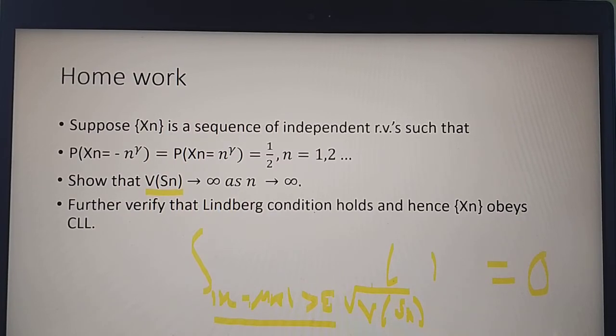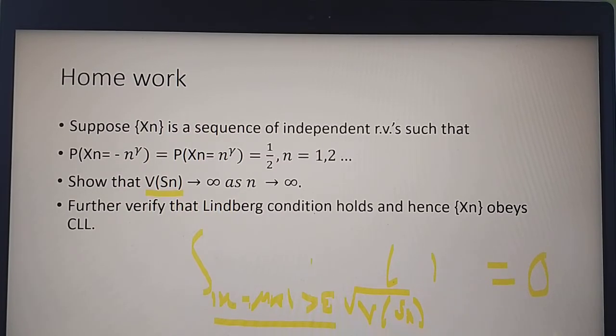You have to do this, and if the Lindeberg condition is satisfied, then surely the central limit law will hold for the sequence Xn.